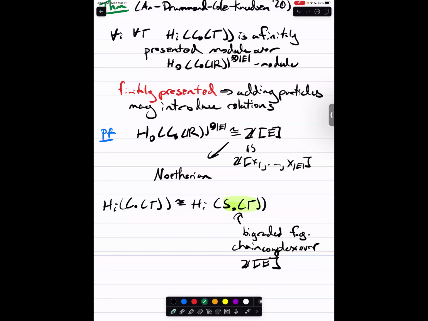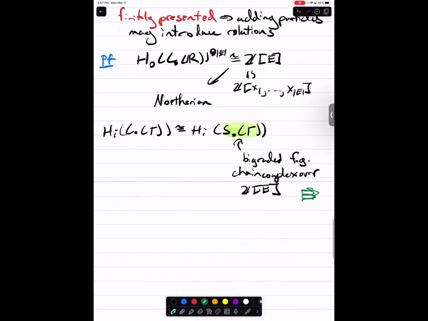So we get their nice result just by noting Z adjoin E is a really nice ring, and there's a really nice way of modeling this configuration space in terms of a chain complex. And so we say to ourselves, great, this should solve all of our problems for unordered configuration space.